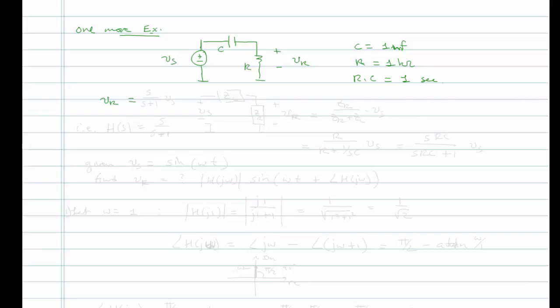This is a voltage divider. We can transform this into ZC and ZR, where we excite this with Vs and we're looking for the voltage VR.